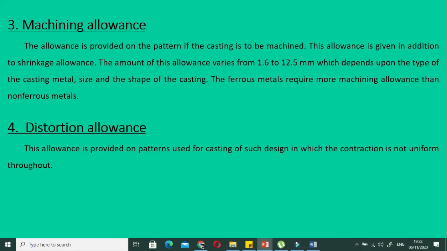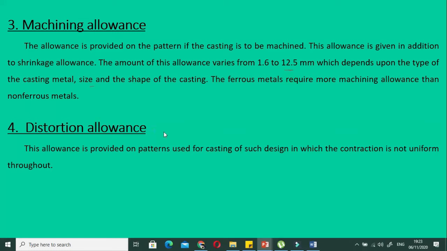We leave behind 1.6 to 12.5 millimeters of extra material as an allowance, so that once the casting is done, we will perform the machining. For ferrous metals, we require more machining, so the allowance is kept at the upper boundary compared to non-ferrous materials. This depends on the type of metal, and the size and shape of the casting.